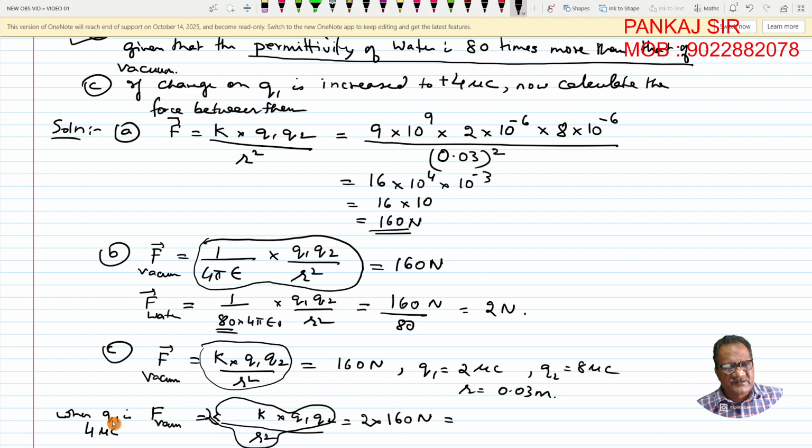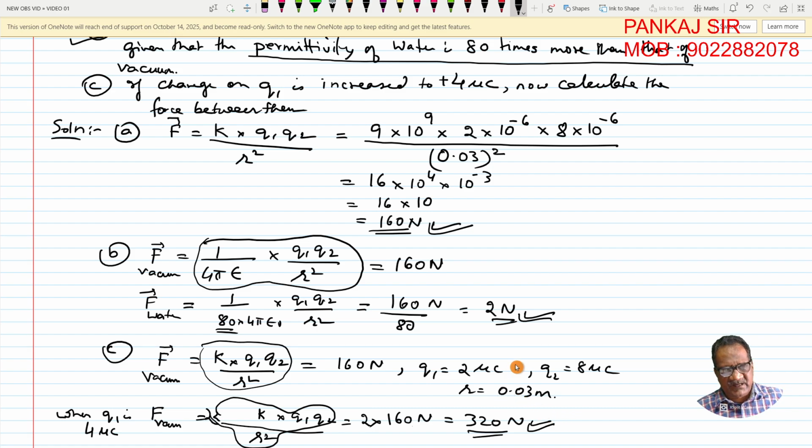So when Q1 is increased to 4 microcoulomb, your new force will be equal to 320 Newton. So these are your answers. The answer for the A part of the question was 160 Newton. The answer for the B part of the question was 2 Newton. And for the C part of the question it is 320 Newton.